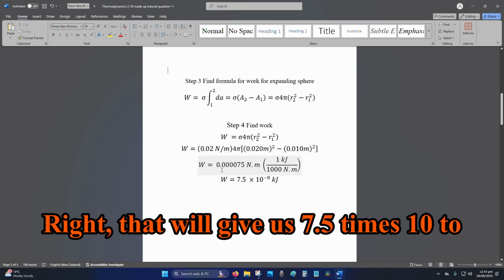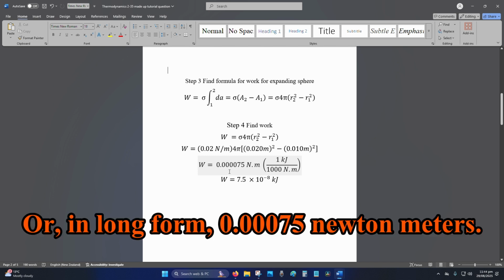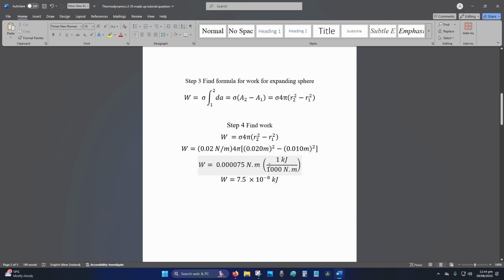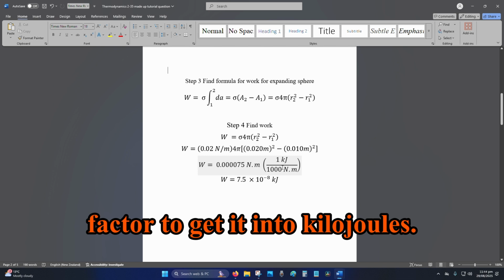Alright, that will give us 7.5 times 10 to the power of minus 5. Or, in long form, 0.000075 Newton meters. And then you multiply by your conversion factor to get it into kilojoules.